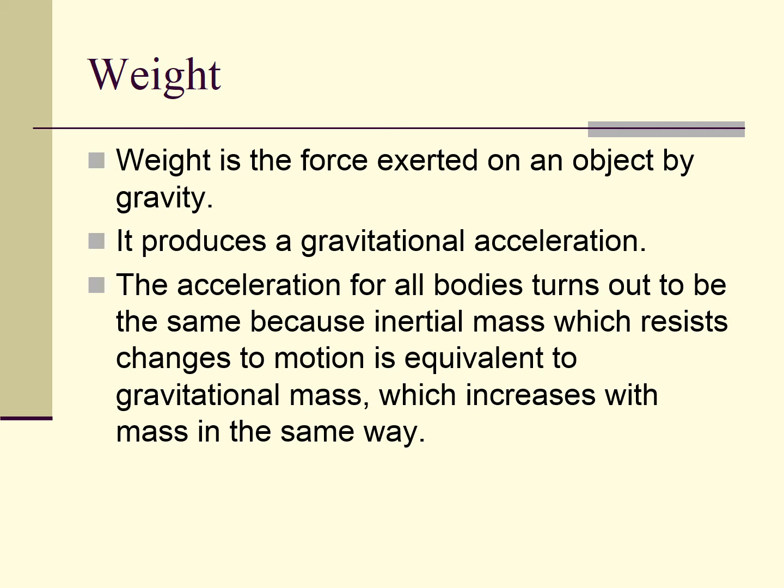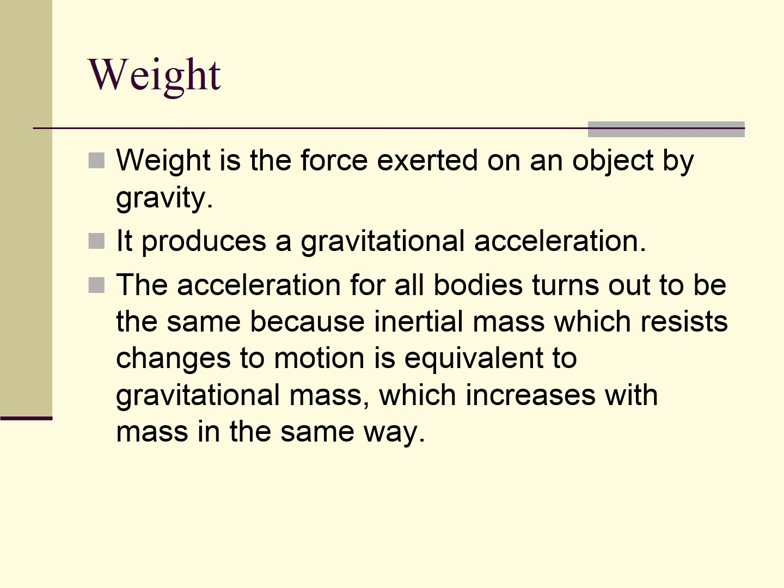The acceleration for all bodies relative to the Earth turns out to be the same because the inertial mass, which resists changes to motion, is equivalent to gravitational mass, which increases with mass in the same way. So if you are twice as heavy, you have twice the force acting on you, but at the same time, you have twice the resistance to the change in motion.